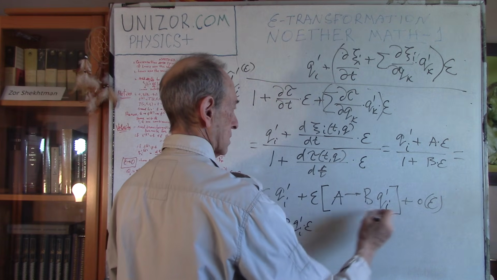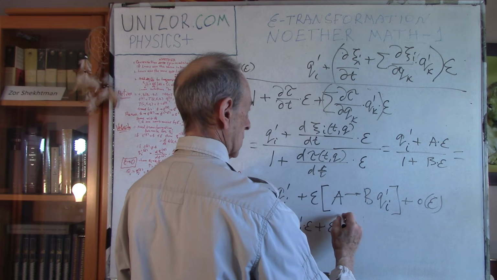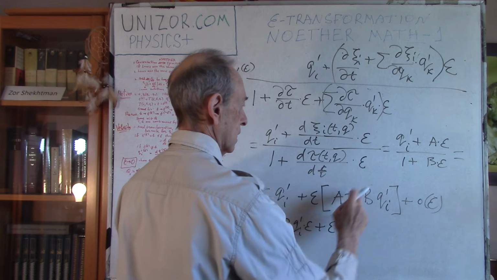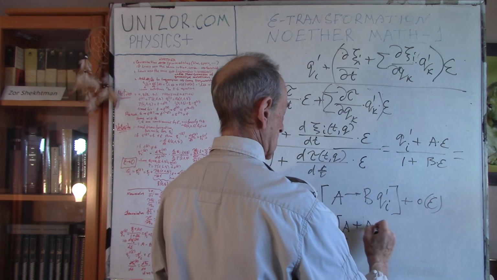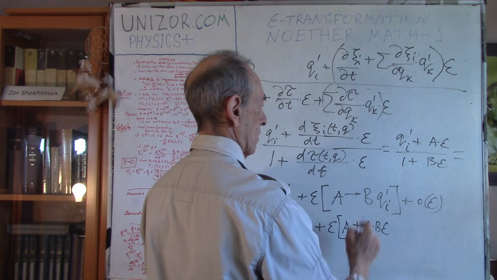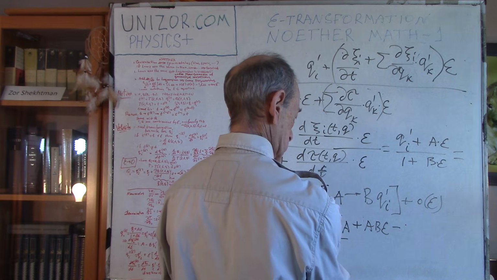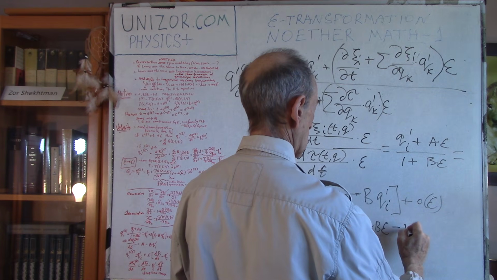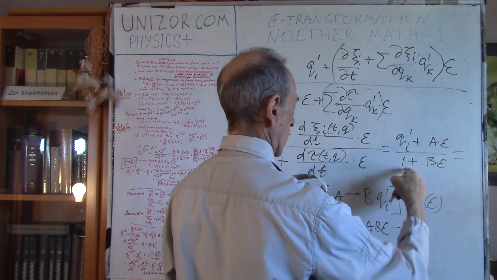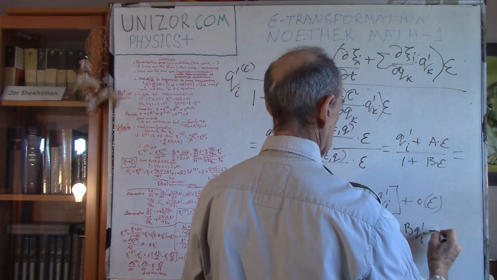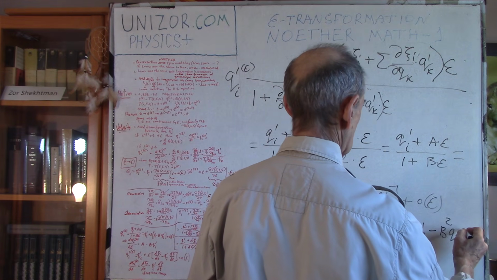Now this times this plus epsilon. Now a times would be a plus ab epsilon minus b qi prime times 1 and minus b square qi prime epsilon.